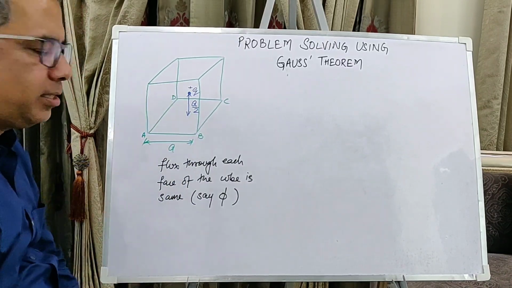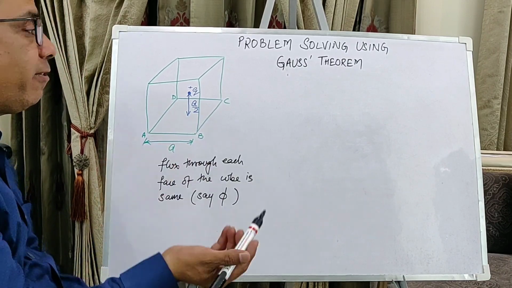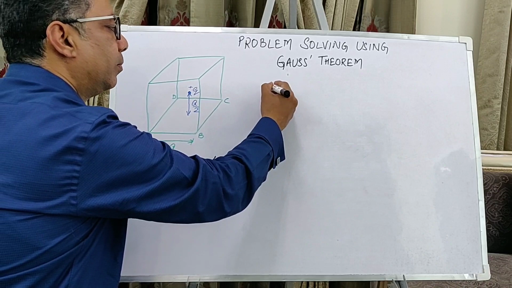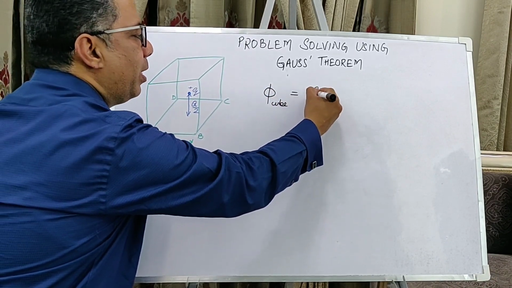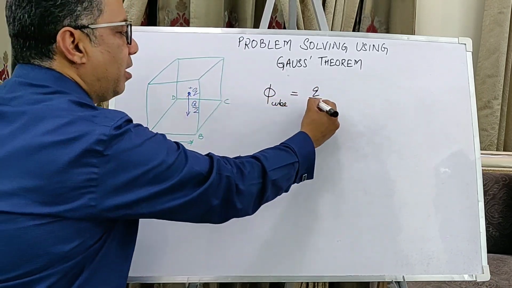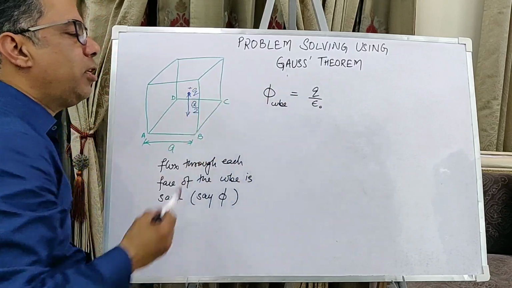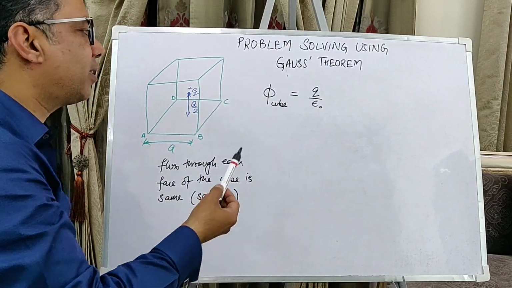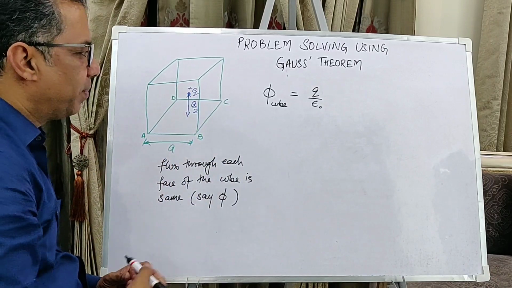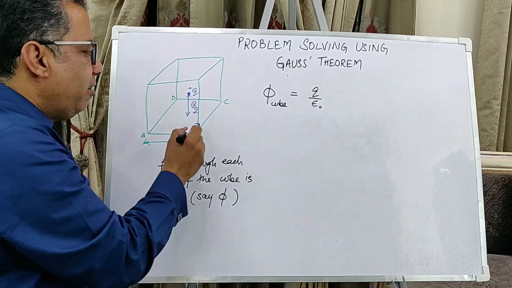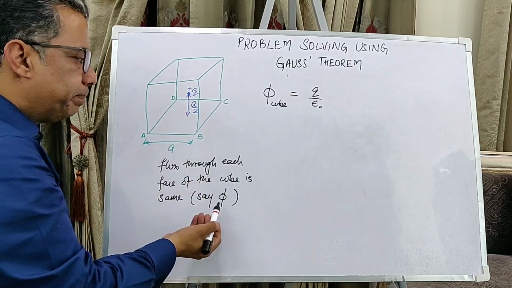Now if we treat this cube as a Gaussian surface, then the total flux through the entire cube will have to be equal to the enclosed charge Q divided by epsilon naught. Now the total flux through the cube is the sum of the fluxes through the individual surfaces. Now the flux through any one of these faces is phi.